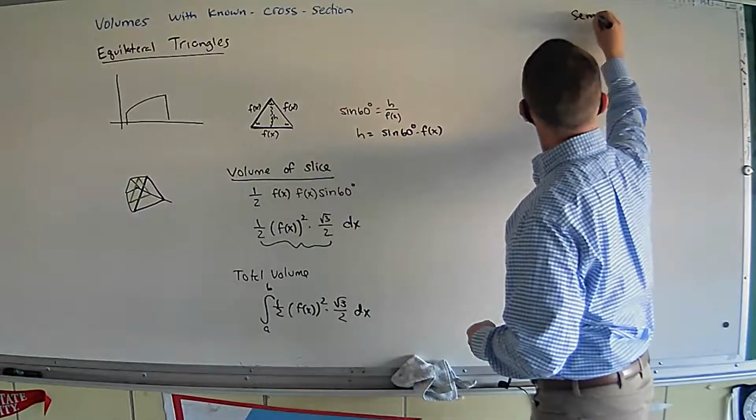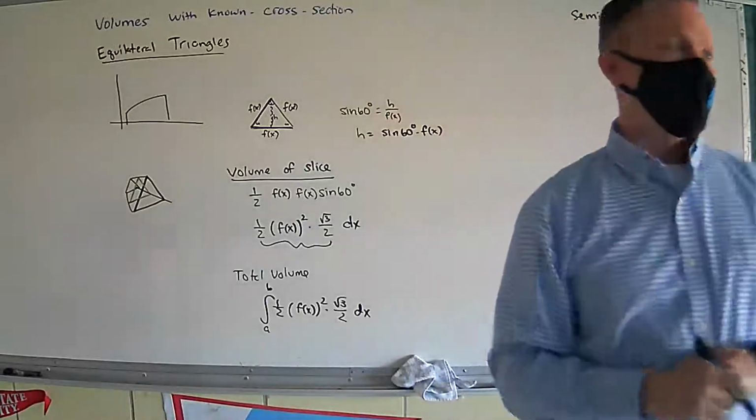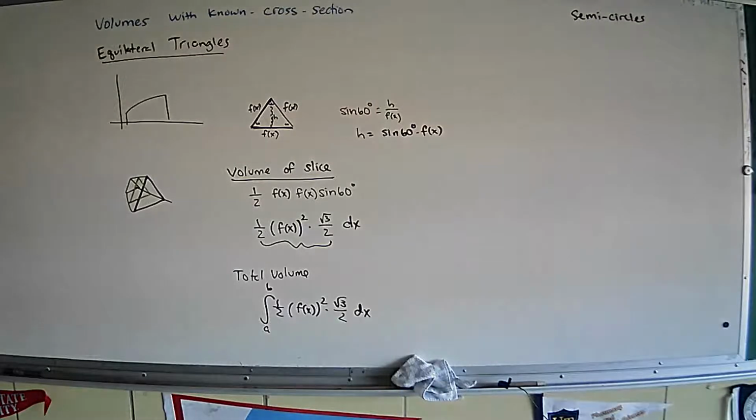Semicircle. So now when you slice this solid, like it's a big hunk of cheese, you're going to get semicircular slices, like provolone or something. I think provolone is semicircular shape.